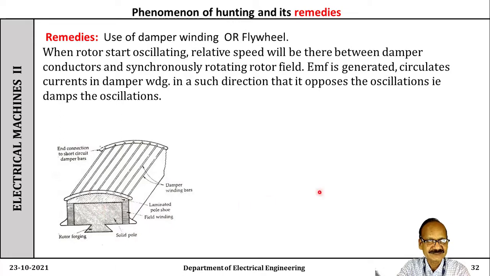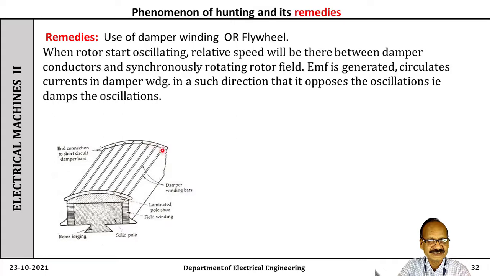So what happens when the rotor starts oscillating? There will be a relative speed between the damper winding conductors and the synchronously rotating rotor field. Then according to Faraday's laws of electromagnetic induction, EMF gets generated in the damper winding, and as the circuit is closed, the damper bars circulate current according to Lenz's law.